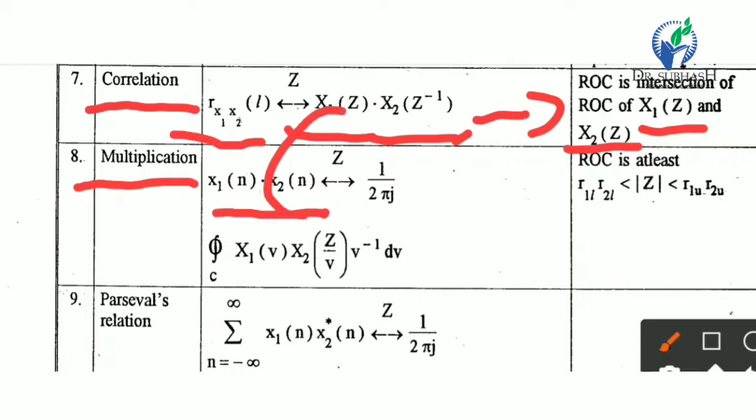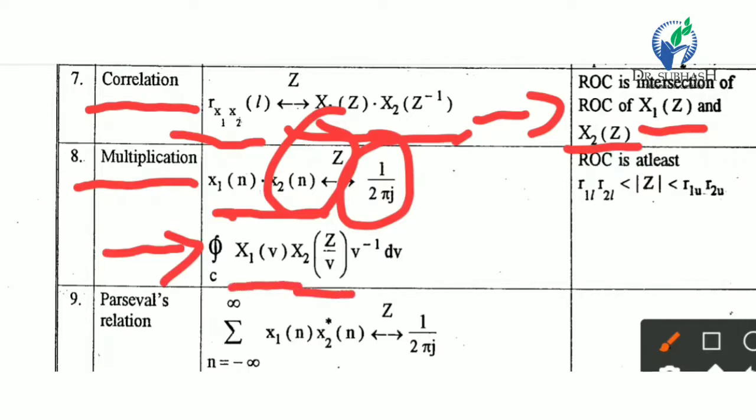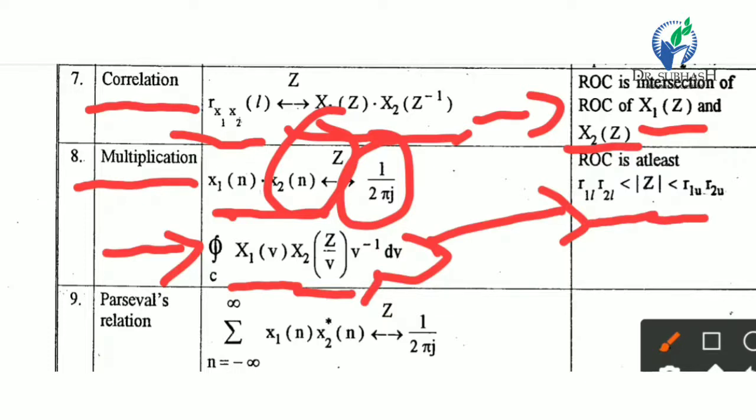The Z transform is 1 upon 2 pi j, closed contour integration of X1(v) multiplied by X2(z by v) v inverse dv, and the ROC is at least R1L R2L less than mod z less than R1U R2U.